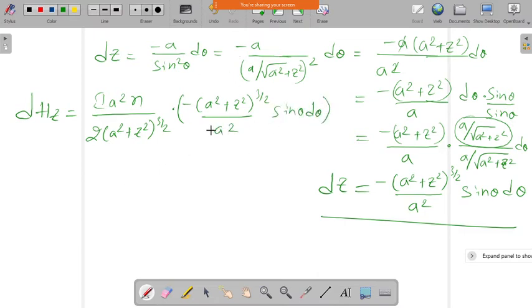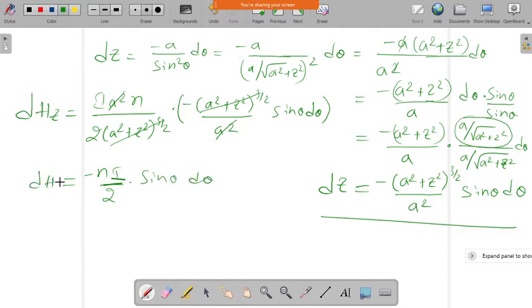This is what dz is. Now you can see that the a square terms cancel each other. Now we have only the expression n I by 2 minus n I by 2 into sin theta into d theta.